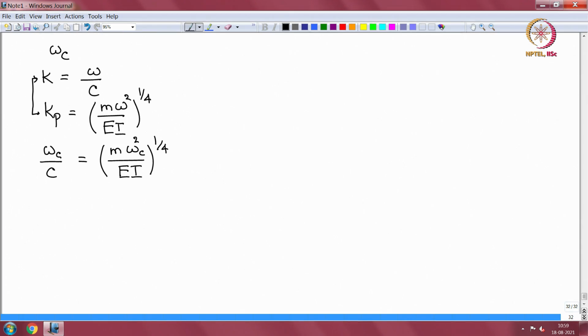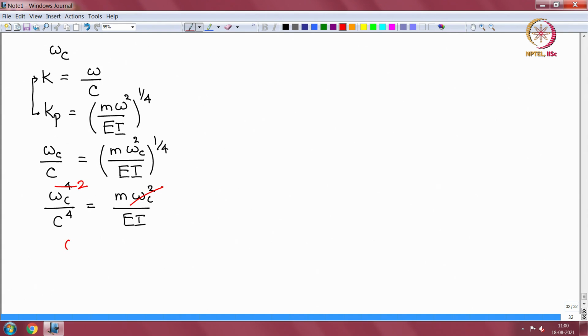Okay. So, let us take the fourth power. So, I have omega c to the power 4 by c to the power 4 is m omega c square by EI, then this cancels to 2, this goes away.